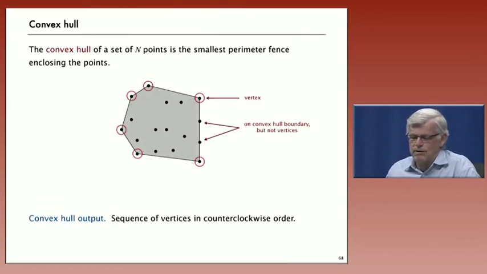Now, what should the output of such a program, such a method be? Well, in order to be able to work with the result, it should be a sequence of vertices that gives us that polygon if we follow it. If we've got some points that are on the boundary but aren't really vertices, they shouldn't be included.